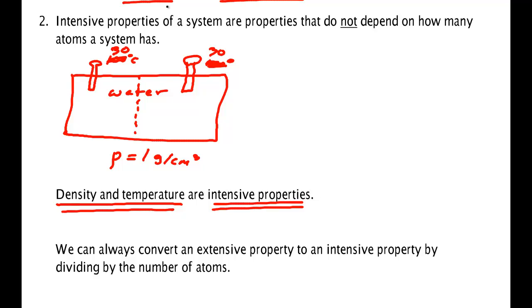You can convert an extensive property to an intensive property simply by dividing by the number of atoms. We usually give that symbol, the number of atoms, an N. Sometimes it's somewhat script, like this in books. Most of the time it's just a straight N like I drew here.